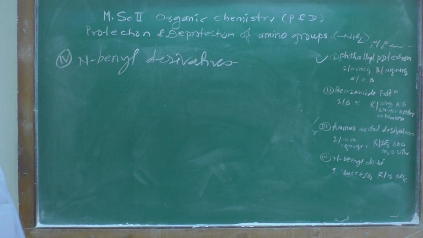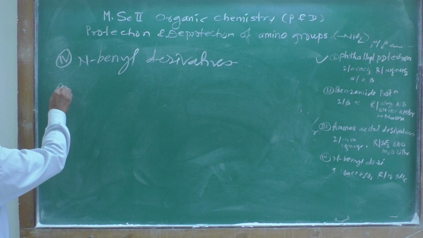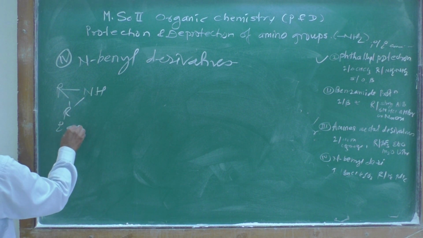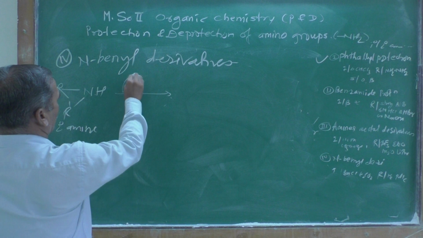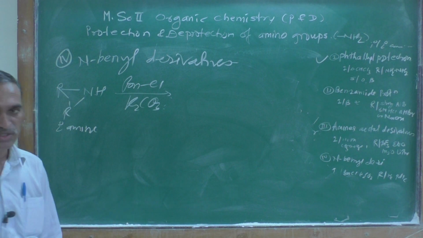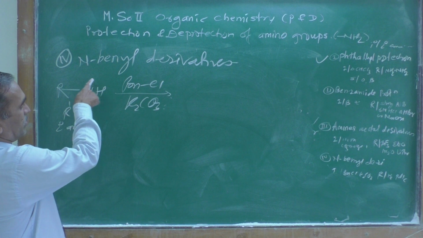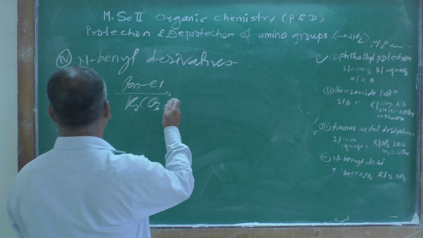N-benzyl derivatives are introduced under basic condition and removed under hydrogenolysis. Let us take as an example R-NH, which may be a secondary amine again. Secondary amines are further treated with benzyl chloride, BnCl, in presence of K2CO3, potassium carbonate, which acts as a base here. A negative charge forms on nitrogen, and that negative charge is going to attack the benzylic carbon atom.